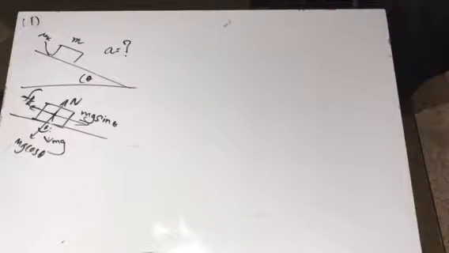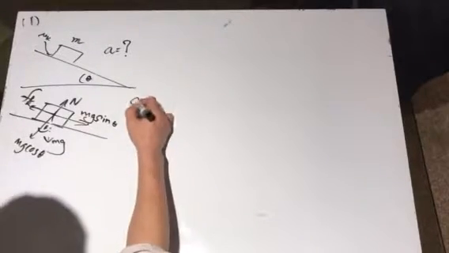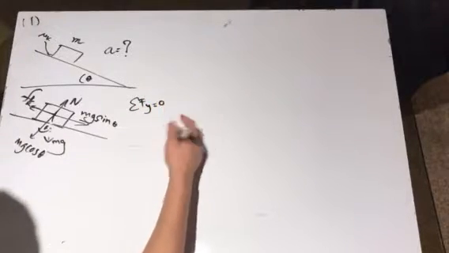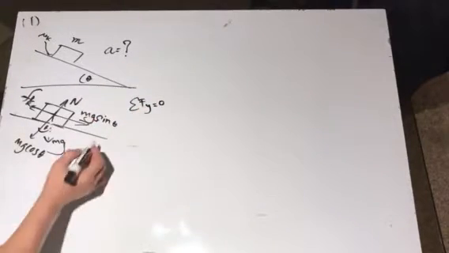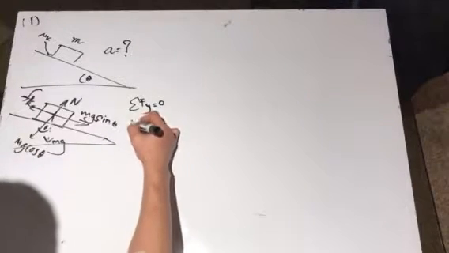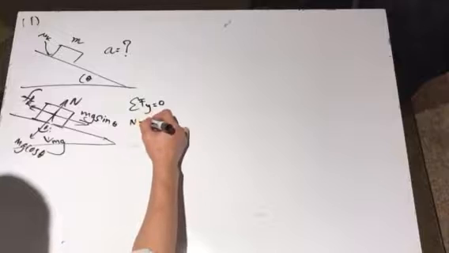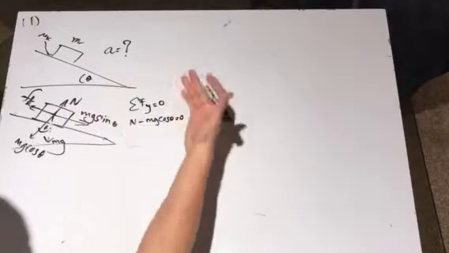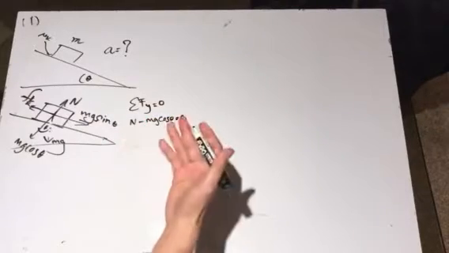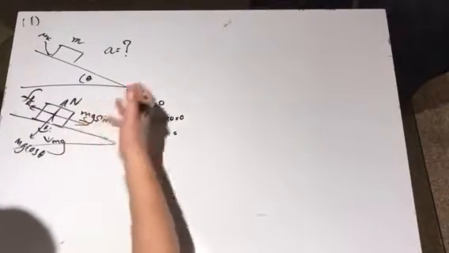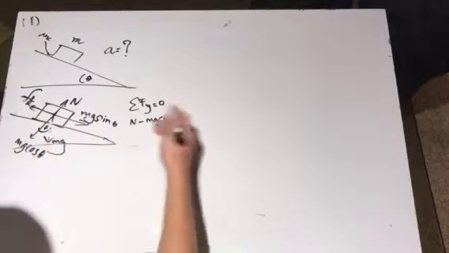So you're going to go ahead and use Newton's law of motion in the y direction, which is perpendicular to the surface. So that will be normal force minus mg cosine theta is equal to 0, because they're not moving up and down, so there's no movement vertical or perpendicular to the plane.